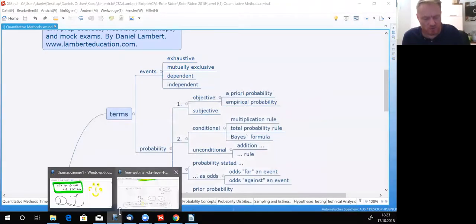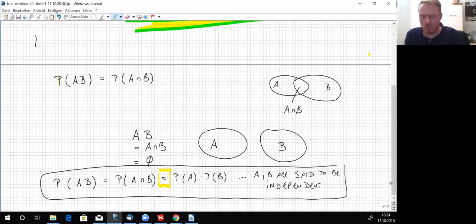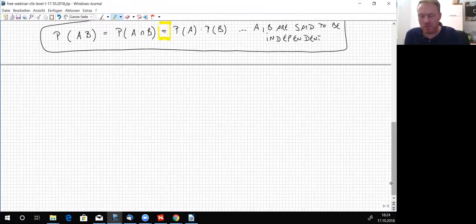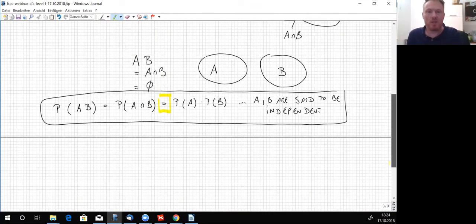Let's see what is true again here. 2 events are called independent from one another if the product of the 2 probabilities, P of A times P of B, is equal to the probability of A and B happening at the same time. So yes, for independent events, the probability is determined by the multiplication of the 2 single probabilities.